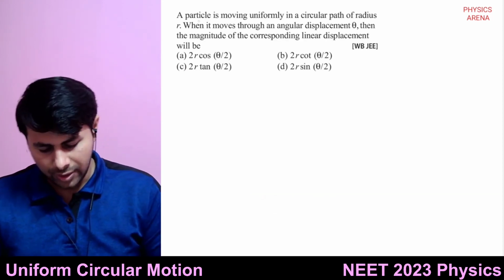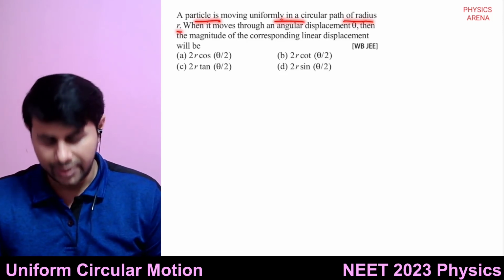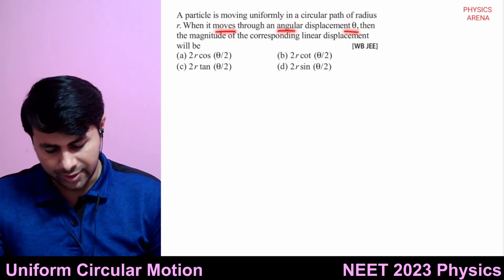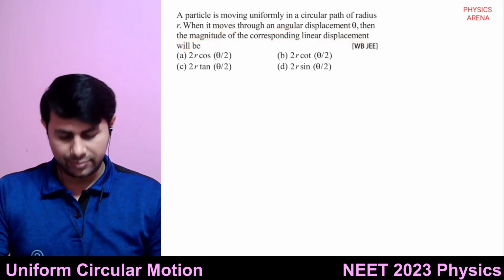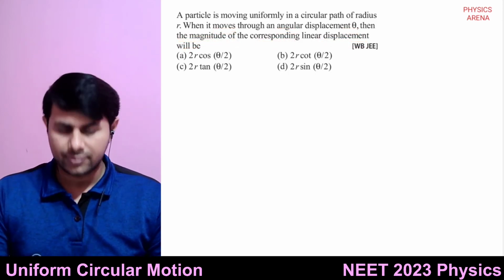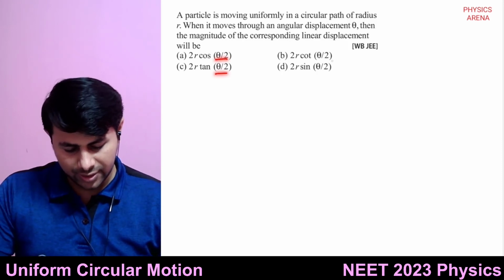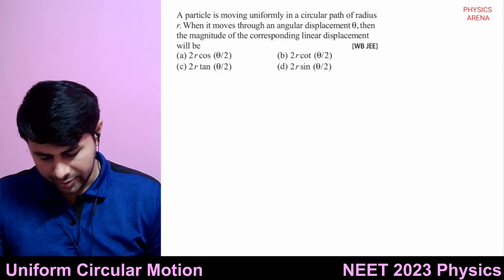Okay, a particle is moving uniformly in a circular path of radius r. When it moves through an angular displacement theta, then the magnitude of the corresponding linear displacement will be. All the options are in terms of theta by 2.